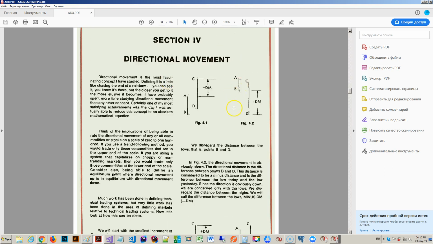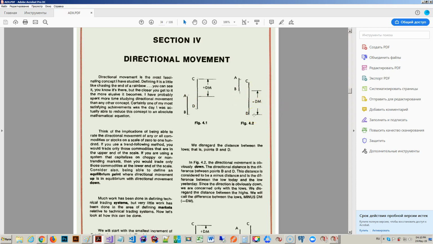This part is called DM. What he says is that if you've got two bars, we're only interested in the part of the price move that went above the highest part of the previous bar, and the same for the lowest, but for the low.